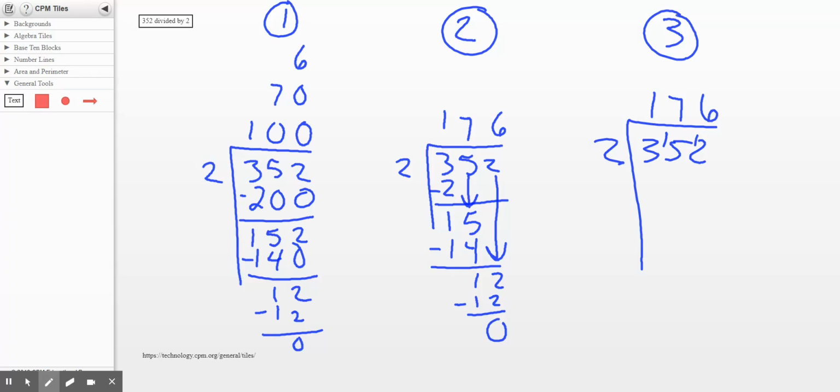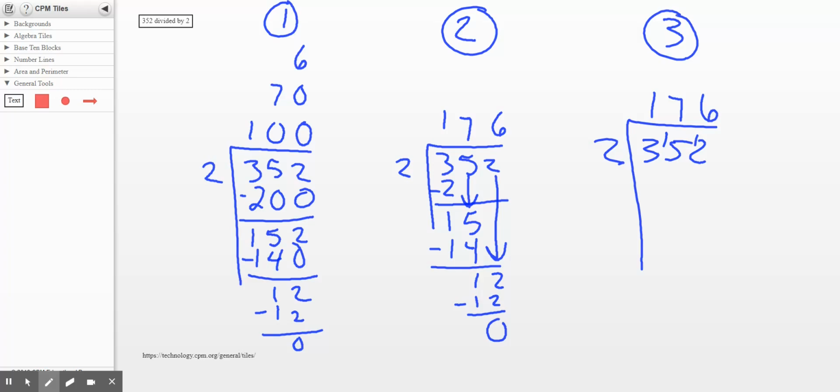I can see that there are 7 tens in each pile, and I can see that there are 6 ones in each pile. So method 2 is representing the quantity in each pile. When I take a look at method 3, I can see the same thing. I can see the quantity of hundreds is 1 in each pile, the quantity of tens is 7 in each pile, and the quantity of ones is 6 in each pile.